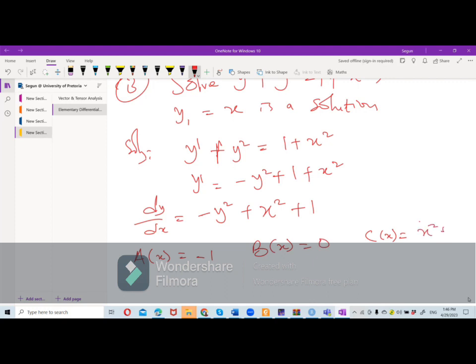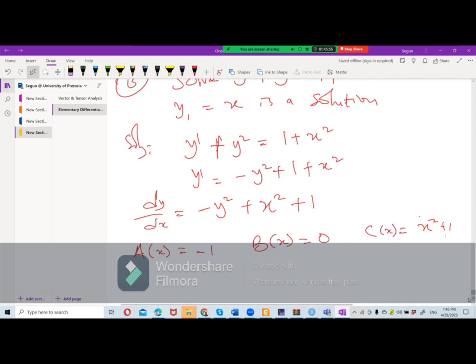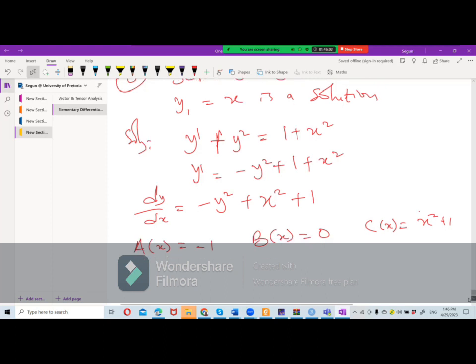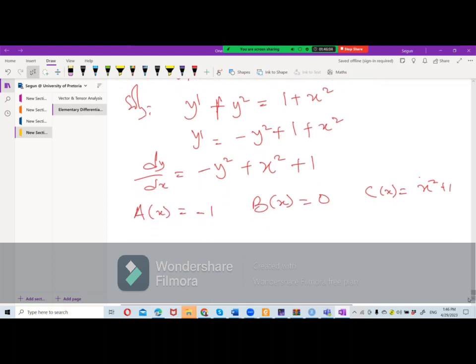Yes, sir, 0. Remember, there's no y term before you can say this is b of x, because our general equation says a of x y squared plus b of x y plus c of x. That is your general equation.